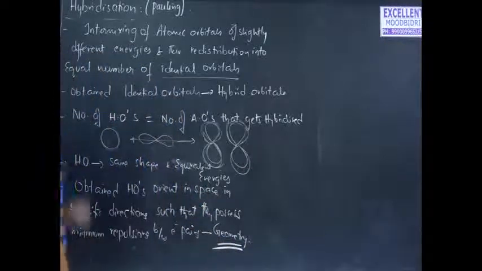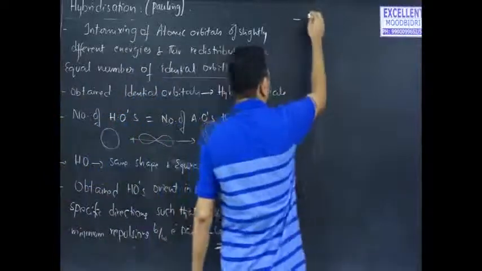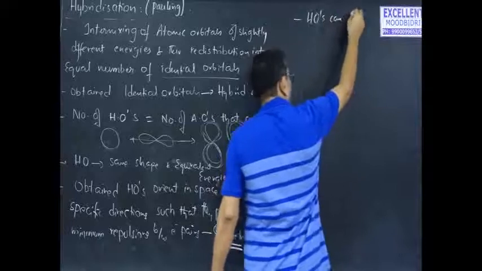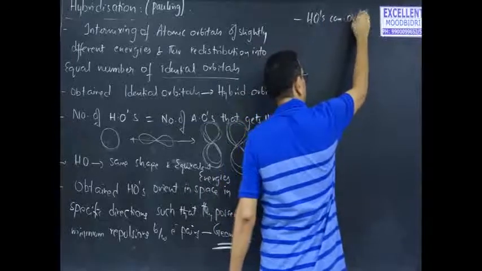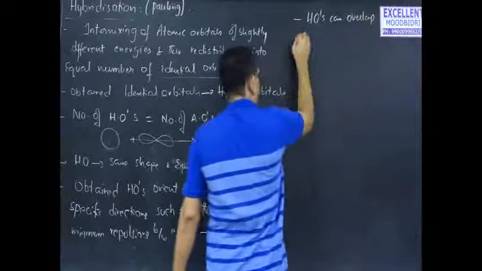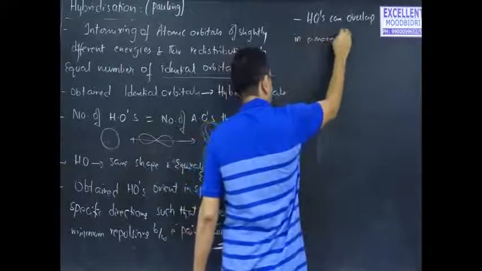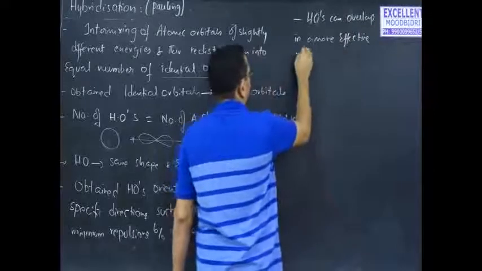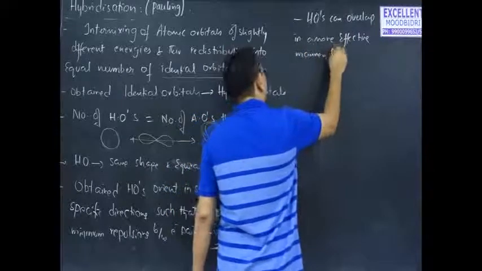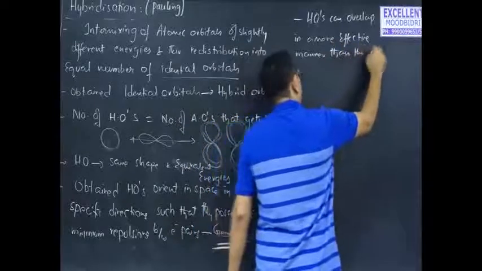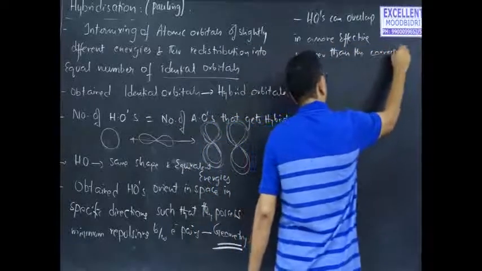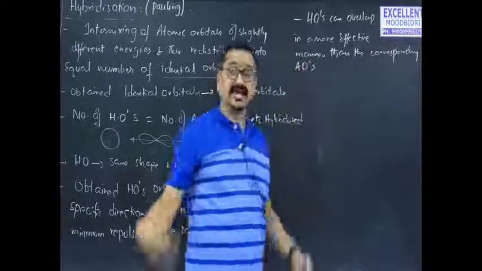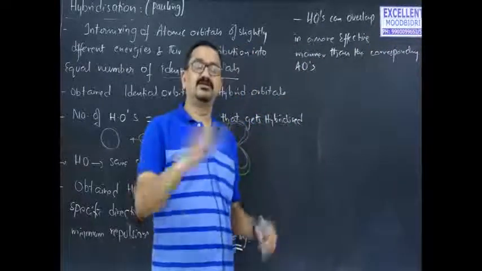And the next one is that hybrid orbitals can overlap in a more effective manner than the corresponding atomic orbitals. Hybrid orbitals can overlap more effectively than the corresponding atomic orbitals.